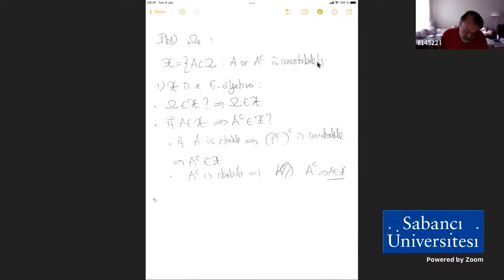The third property is that if A_n is a sequence from X, is their union from n equals 1 to infinity of A_n again in X or not?